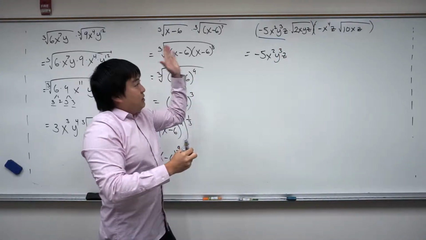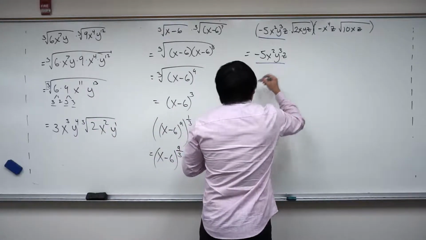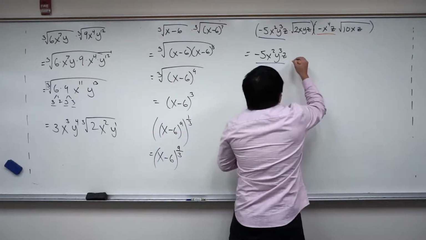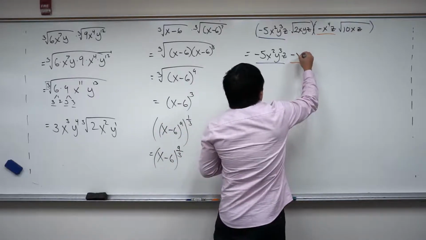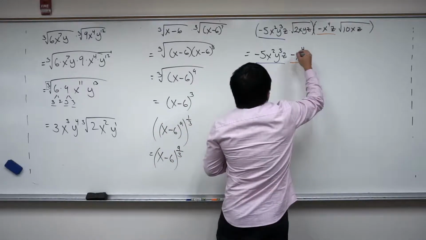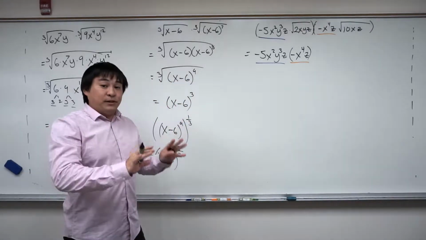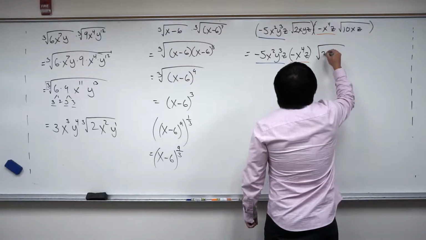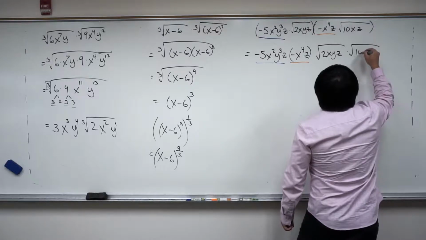But since everything is multiplication, I can also bring this part into the front, as a multiplication as well. And then I'm going to put the two radicals in the back. So the square root of 2xyz times the square root of 10xz.